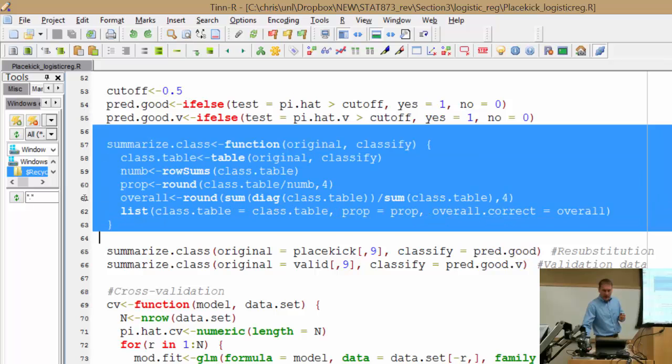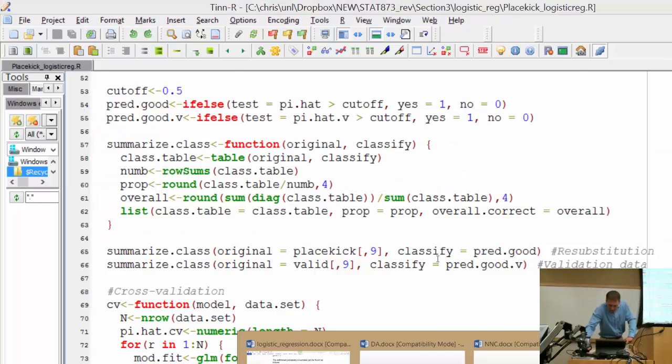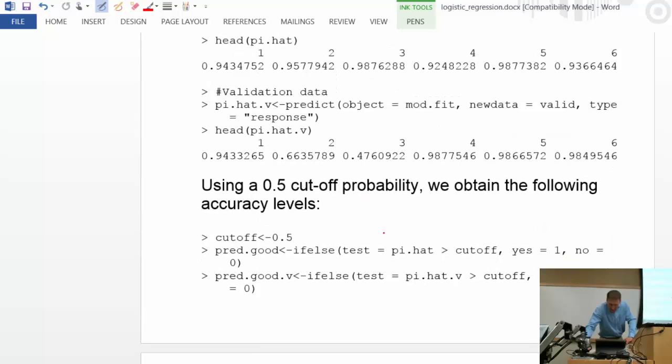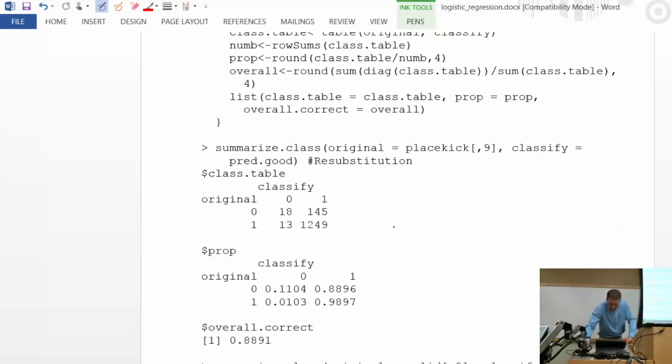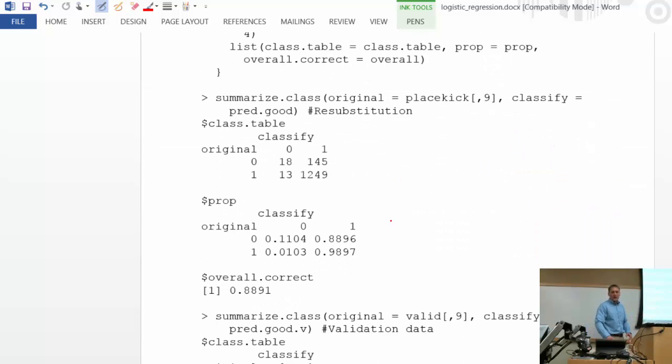Actually, let me go over here to Word, because I've already done that, and then I can write on this. So for the actual model, the actual training data set itself, this is what I get.